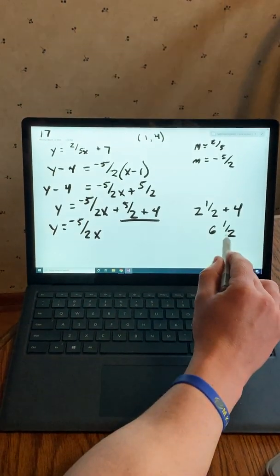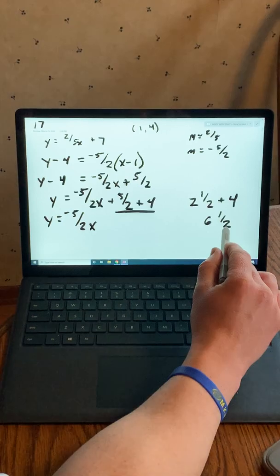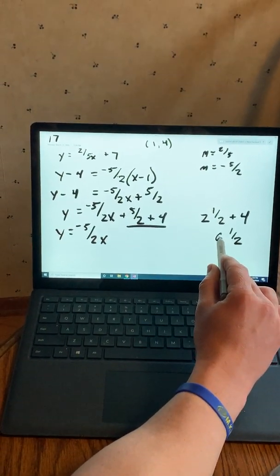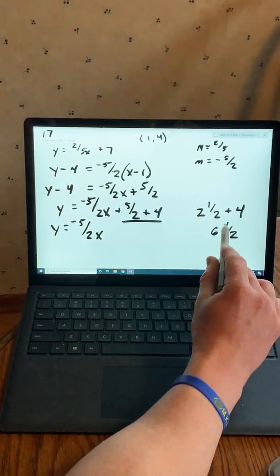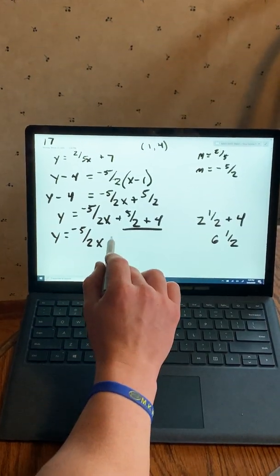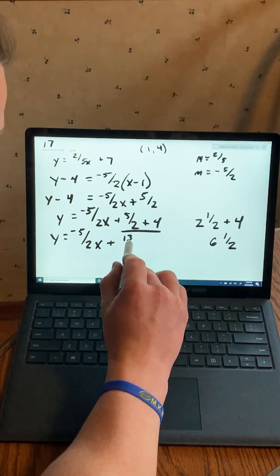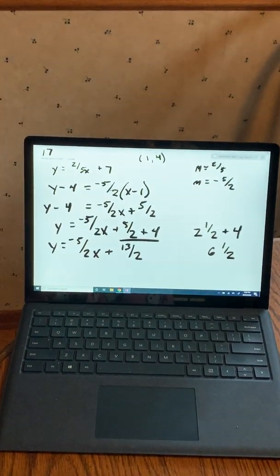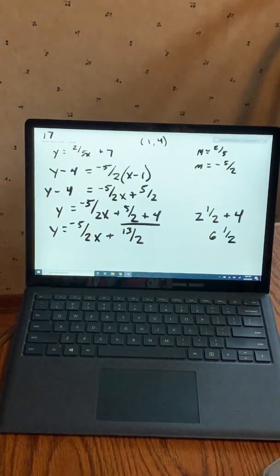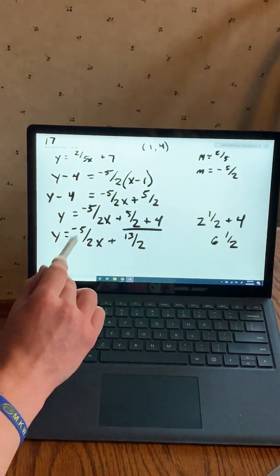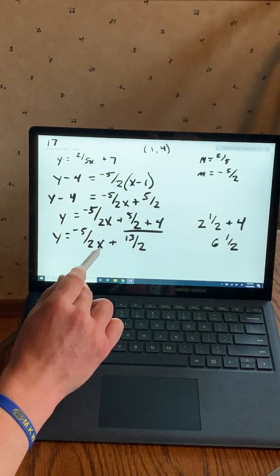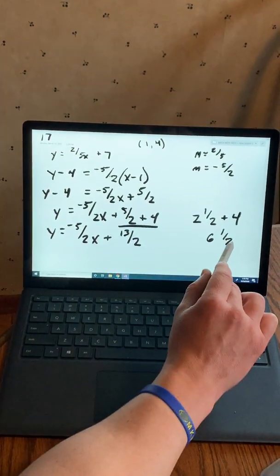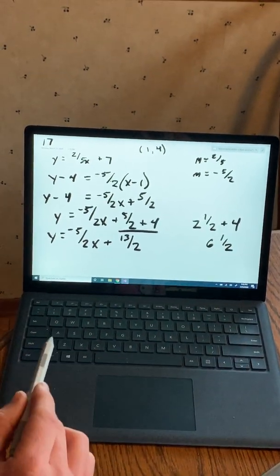Most oftentimes they want you to make this into an improper fraction. 2 times 6 is 12, plus the 1 is 13. So your answer would be 13/2. So a line that is perpendicular in slope-intercept form ends up being y equals -5/2 x plus 13/2, or 6 and 1/2.